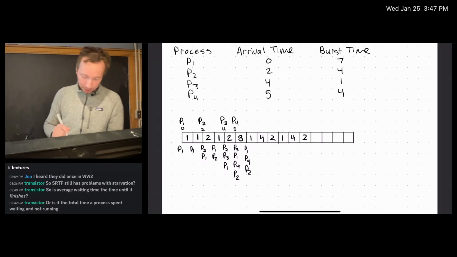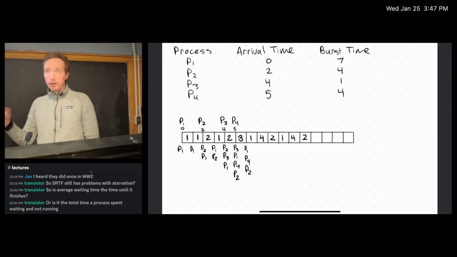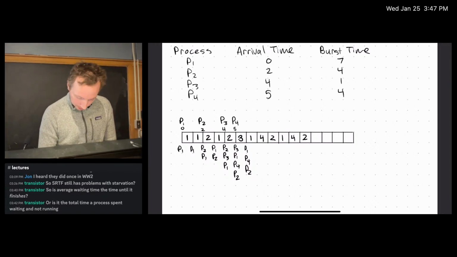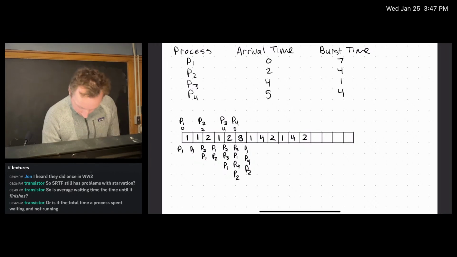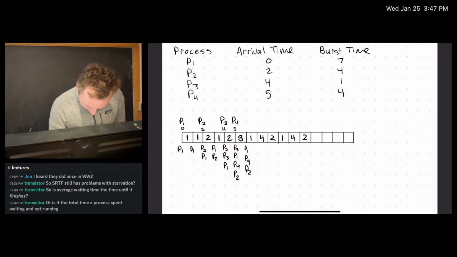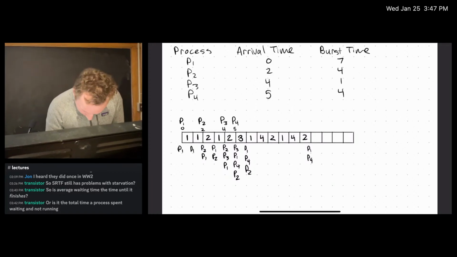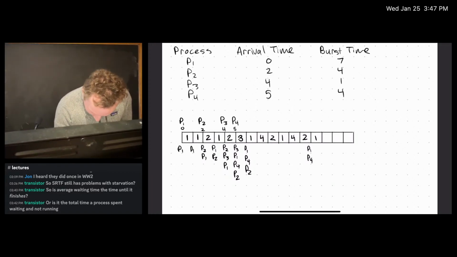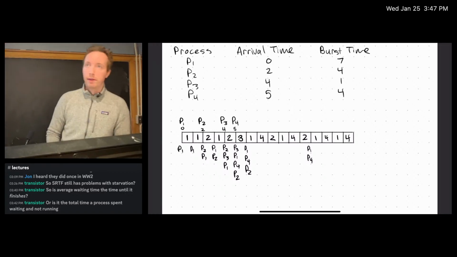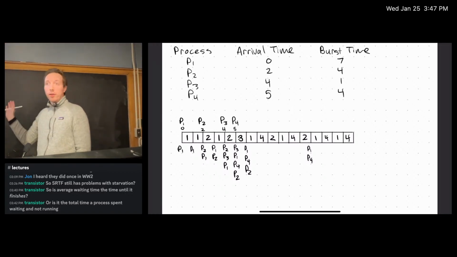At this point, process 2 is done because it only wanted to execute for 4 time units. Now it's cycling between P1 and P4, so it would go 1, 4, 1, 4. And then they're all done at that point.